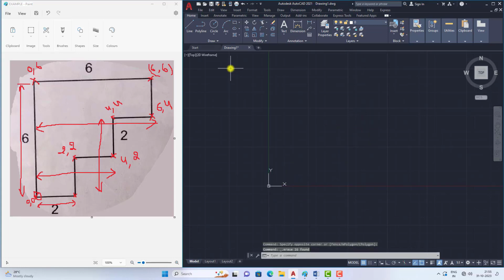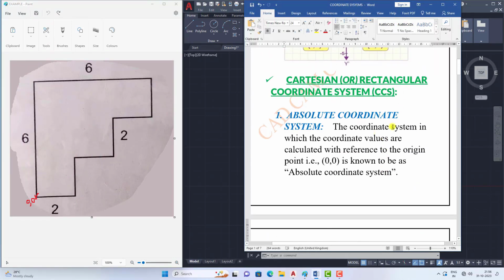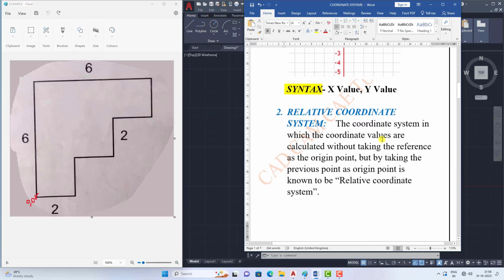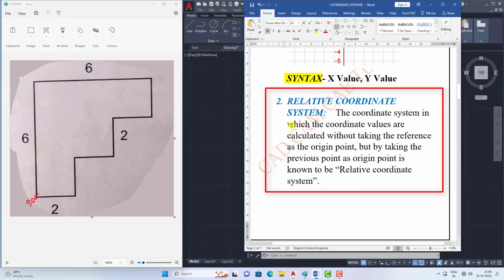Now I am deleting this. So now see here, in Cartesian coordinate systems, the first one is the absolute coordinate system and the second one is the relative coordinate system. So what does it mean? It is the coordinate system in which the coordinate values are calculated without taking the origin point as the reference, but by taking the previous point as the origin point.